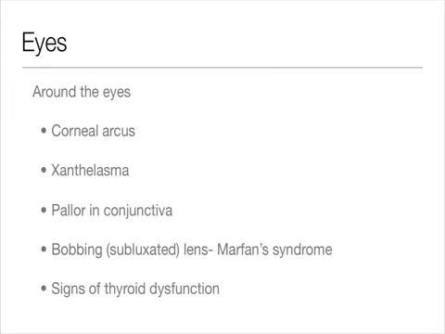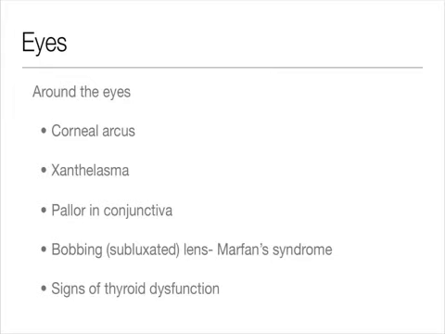Cholesterol deposits may be deposited elsewhere in the body, and xanthelasma is a yellow macule seen in certain types of hypercholesterolemia around the eyes, and we should also look in the conjunctiva for pallor, and you only really need to look in one conjunctiva, because if there's pallor in one, there should be pallor in both if this is due to anemia. Have a look in the eye for any bobbing or a subluxated lens that is seen in Marfan syndrome.